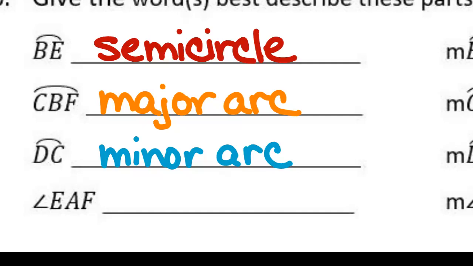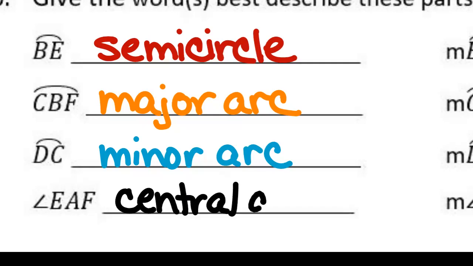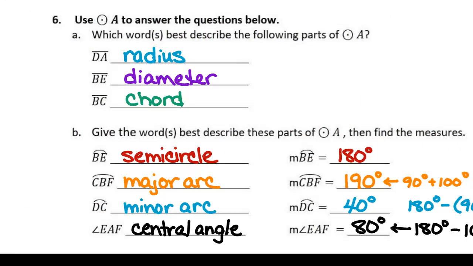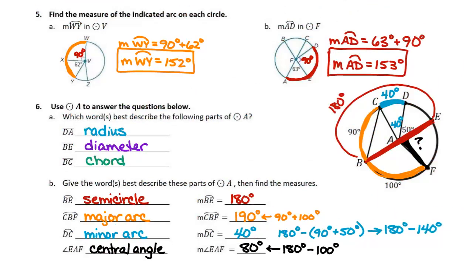Not concentric circles. It's one of the vocabulary words that we learned just today. Central angle, yes. A central angle is formed by two radii. So that would be a central angle there.